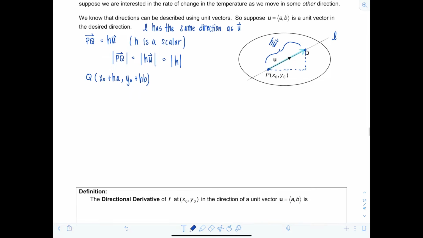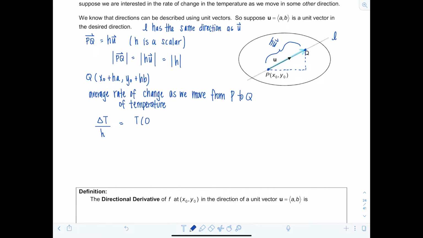Now say I'm interested in the average rate of change of the temperature as we move from P to Q. Well, I would have delta T over h, where delta T would be T of Q minus T of P, divided by h.